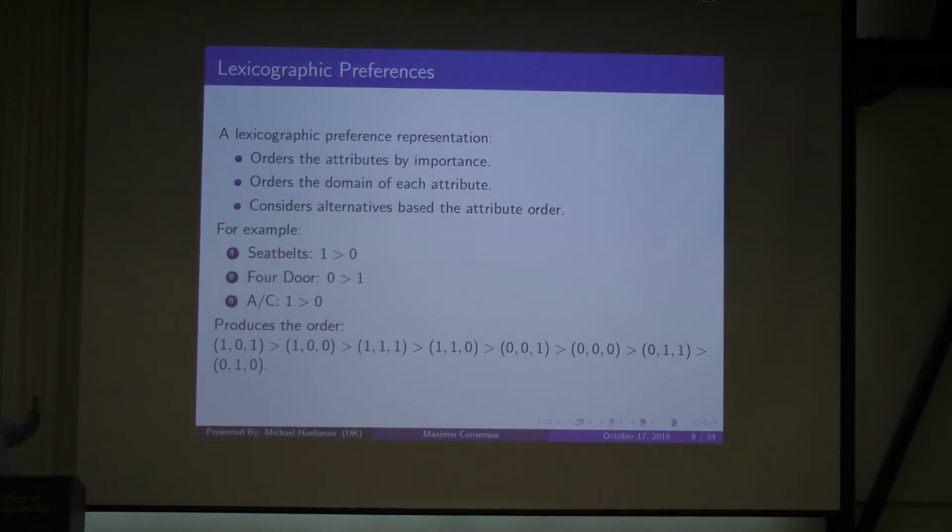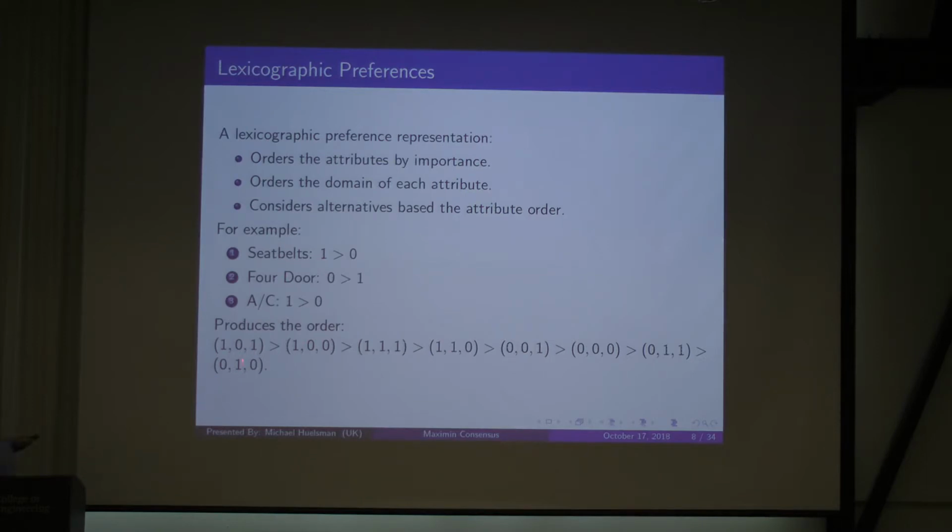And if they're both tied at 4-door, then we will finally consider AC. Otherwise, if they're equal on all 3, then they're equal in our mind. And so you get an order that looks like this. As you can see, everything with a 1 in the first place, which is our seatbelt, is better than everything with a 0.